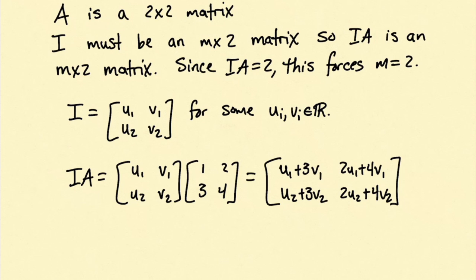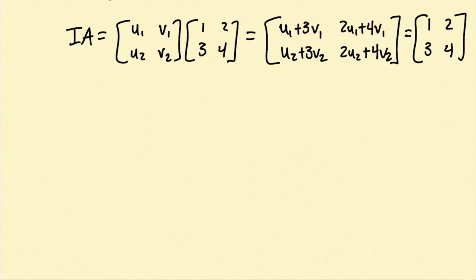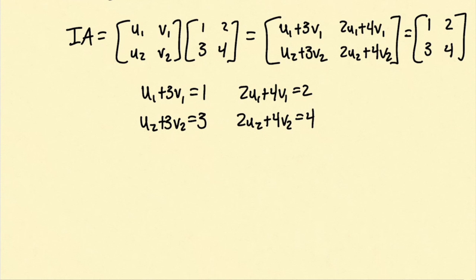The entries of this matrix are u1 plus 3v1, 2u1 plus 4v1, u2 plus 3v2, and 2u2 plus 4v2. Equating this with the matrix A, we can see we get a set of 4 equations in the 4 unknowns u1, u2, v1, and v2.